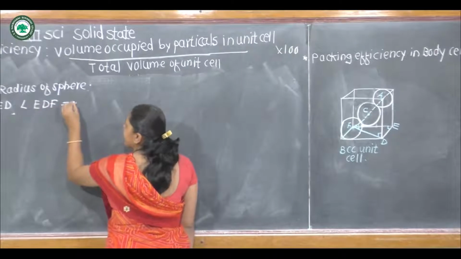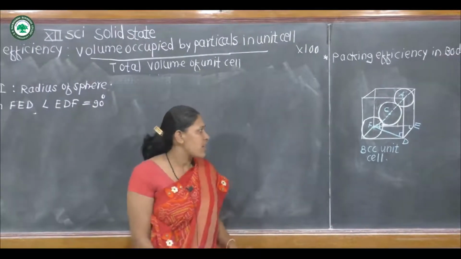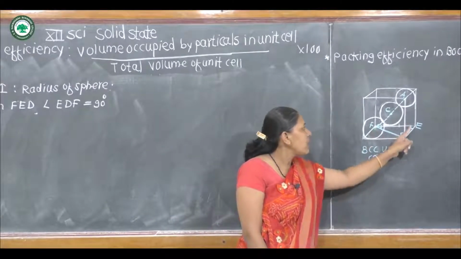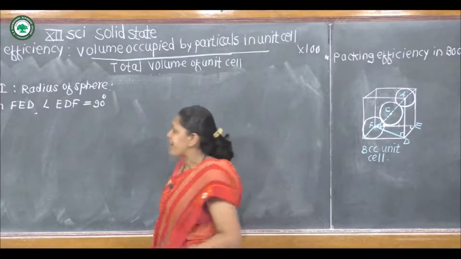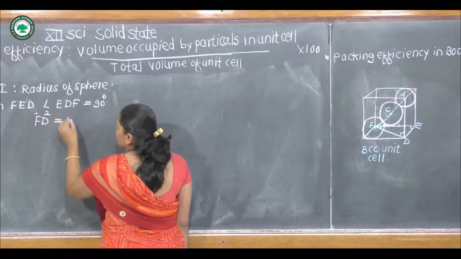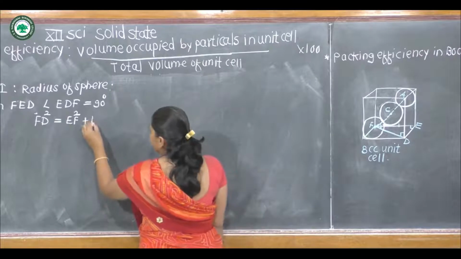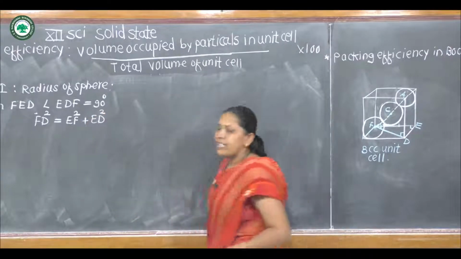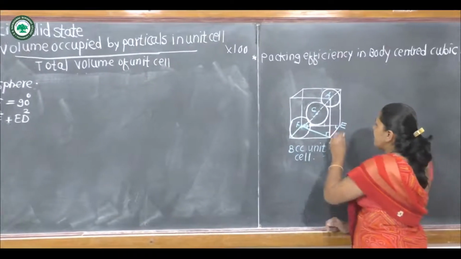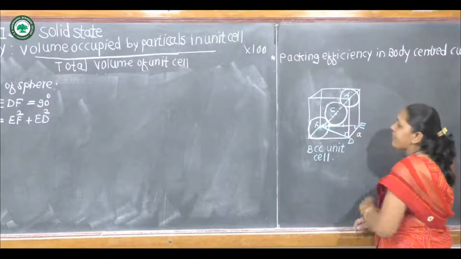Angle EDF is 90 degrees. Therefore, by applying Pythagoras theorem, FD square is equal to EF square plus ED square. We know that ED is the unit cell edge length, that is a.